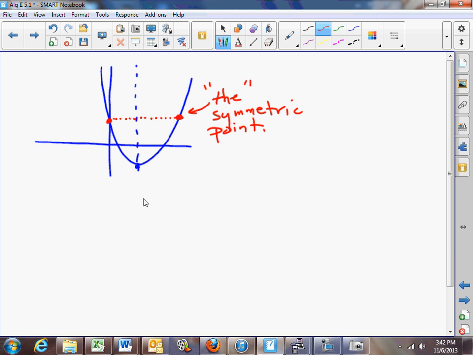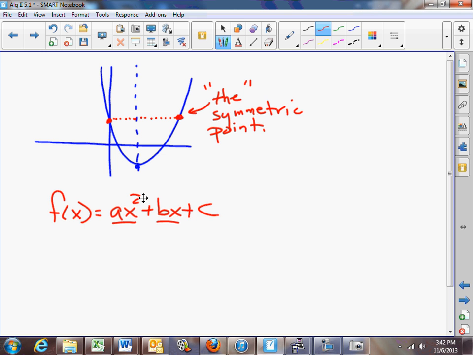Now, it's very easy to find the y-intercept of a quadratic function. If you have f of x is equal to ax squared plus bx plus c, remember the y-intercept is what you get when you put 0 in for x. And notice, if you put 0 in for x, ax squared is 0, bx is 0, so you just get c.